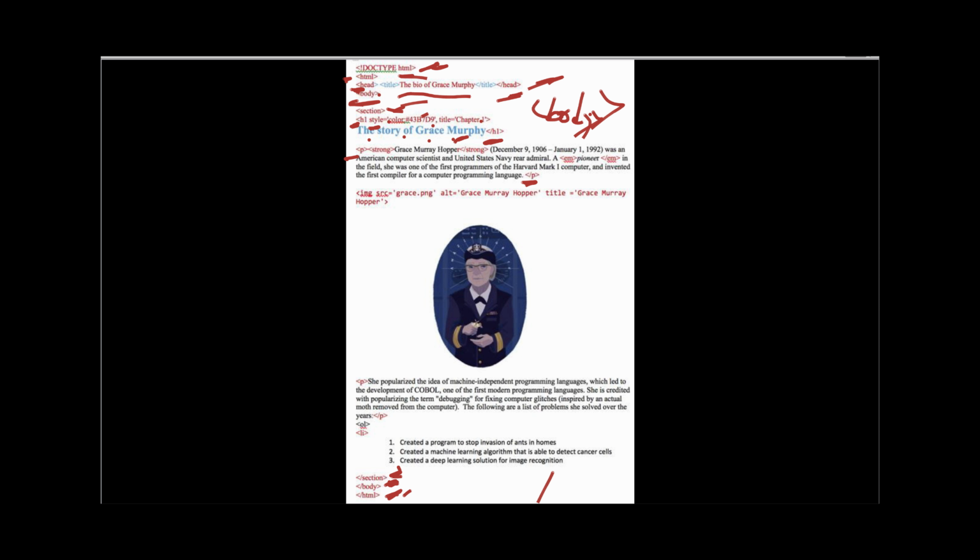All right, now Grace was bold. So to make Grace bold, Grace Murray Hopper, we want to make that text bold. So we need to put strong in between the text. Okay, so you can see the starting tag comes before the text, and the ending tag comes after the text. So anything within these tags will be bold.